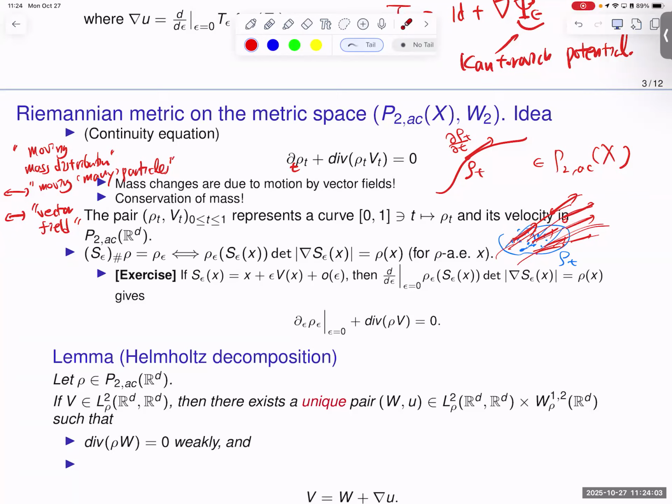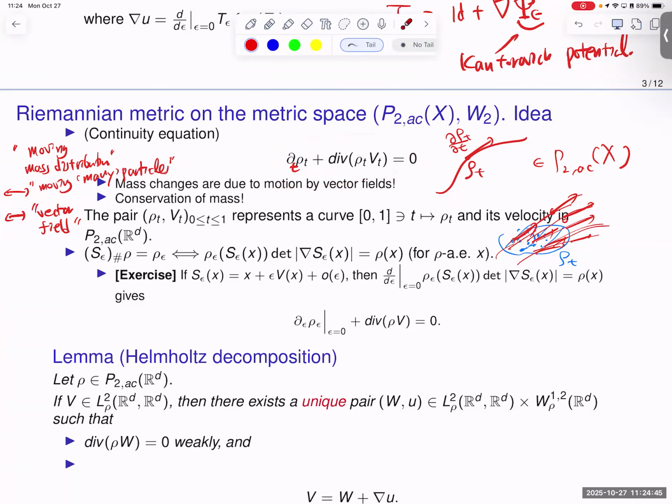So the continuity equation, corresponding to the change of the mass distribution, has many different possible vector fields v_t. At least one of them represents such a curve, but we have many such representations for the same curve in the Wasserstein space. Making sense? The vector field corresponding to this, with this fixed, is not unique.